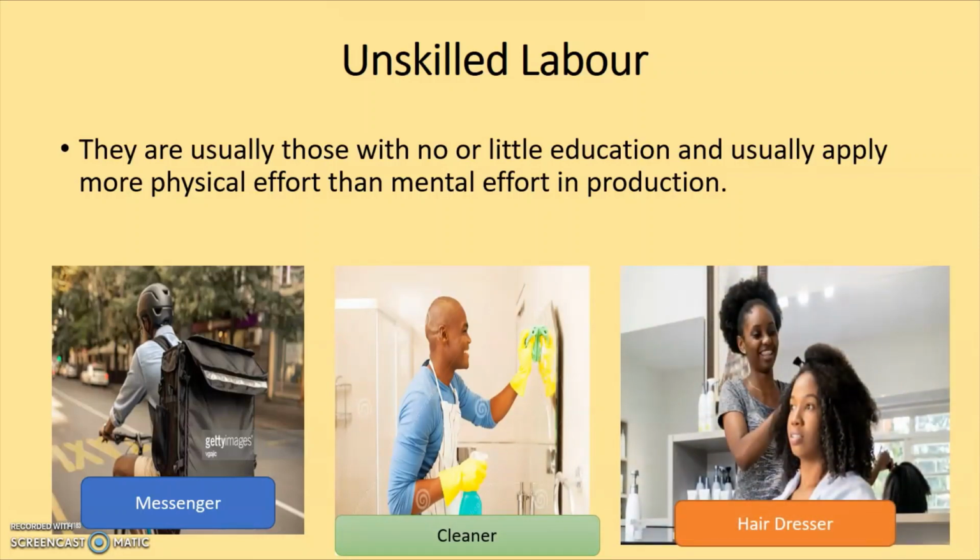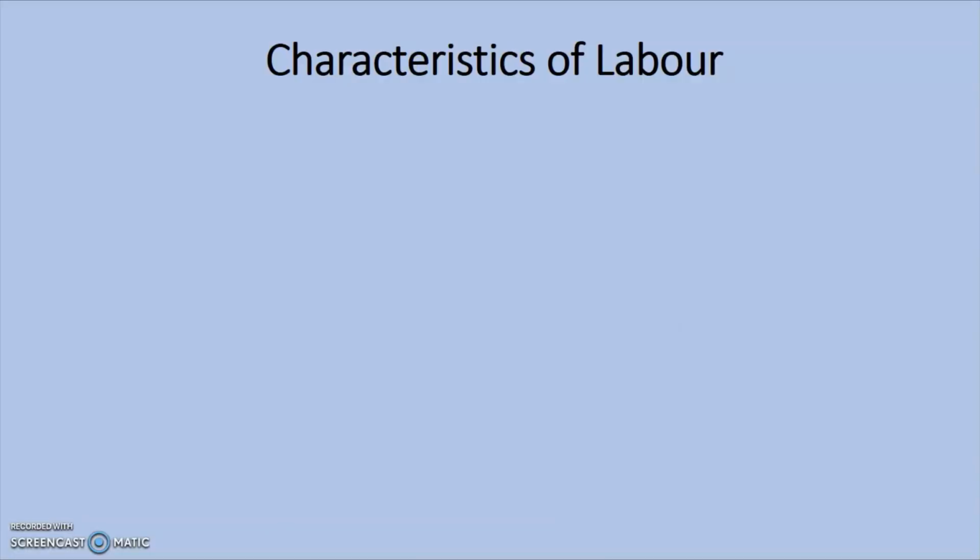Now take notes. We are not saying that the unskilled labor are not trained or do not have any educational background. But what we are saying is they have just a little form of educational background, or they have undergone a very little form of training. So that is the difference between the skilled labor and the unskilled labor.